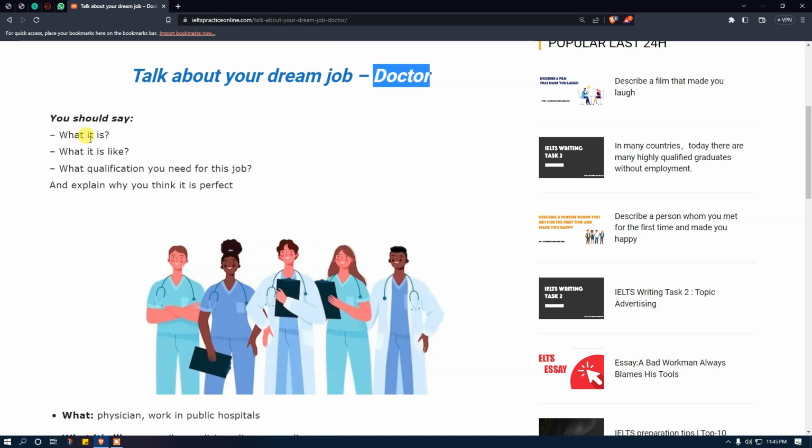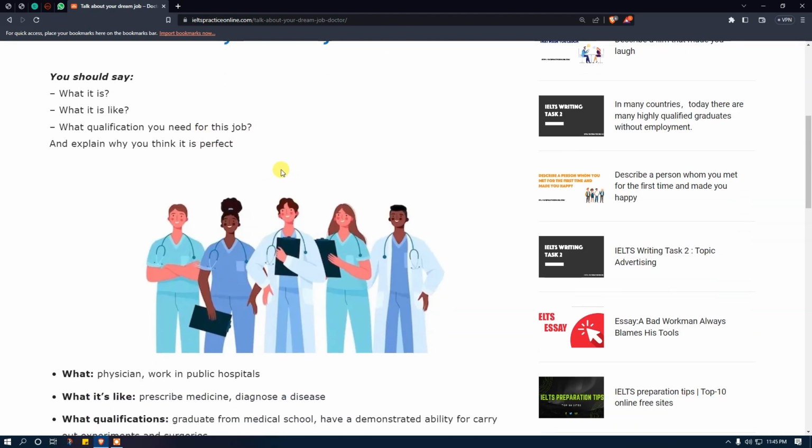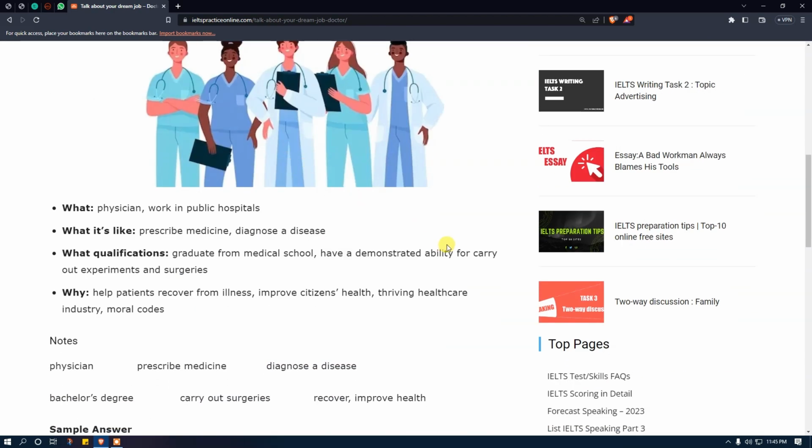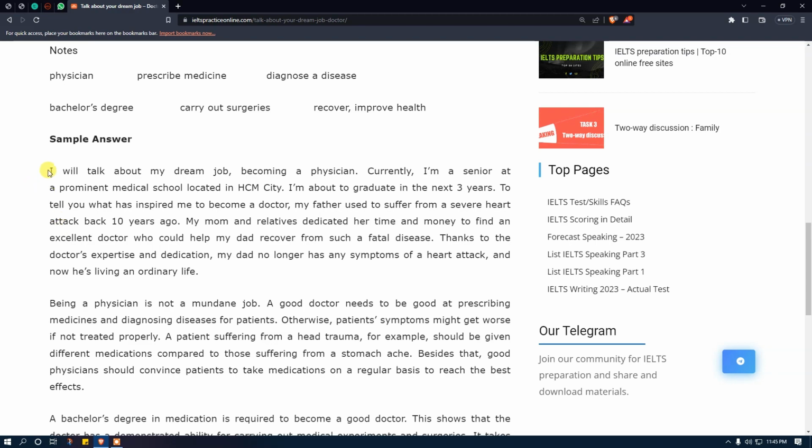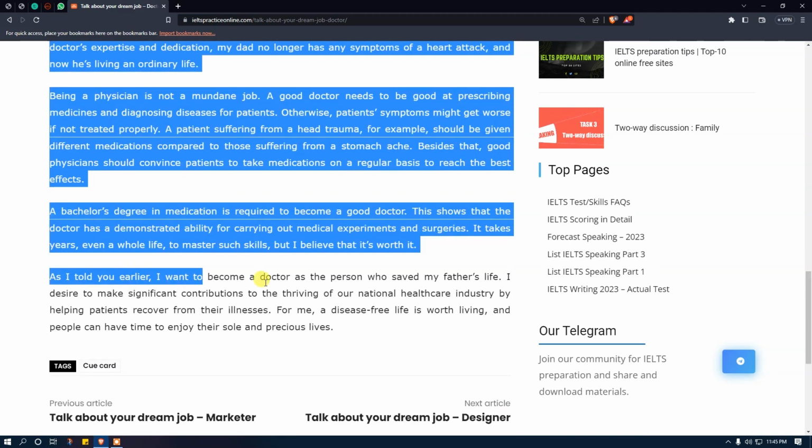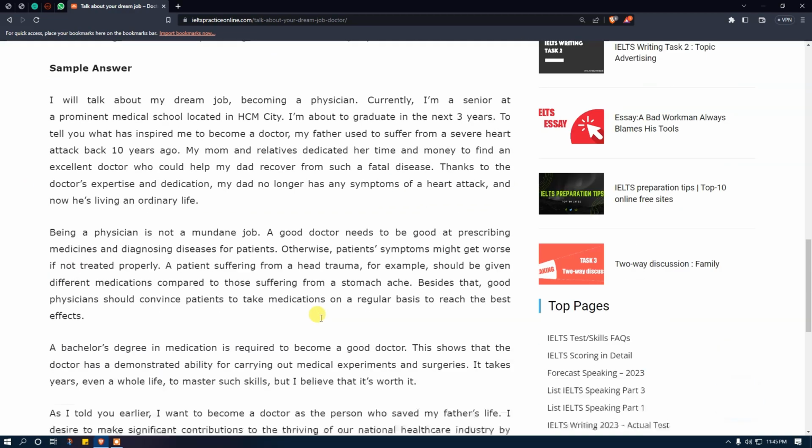You will get this on a piece of paper: what it is and what it is like, what qualification you need for this job, and explain why you think it is perfect. Here are simple answers showing how you can practice 2 minutes with this question.